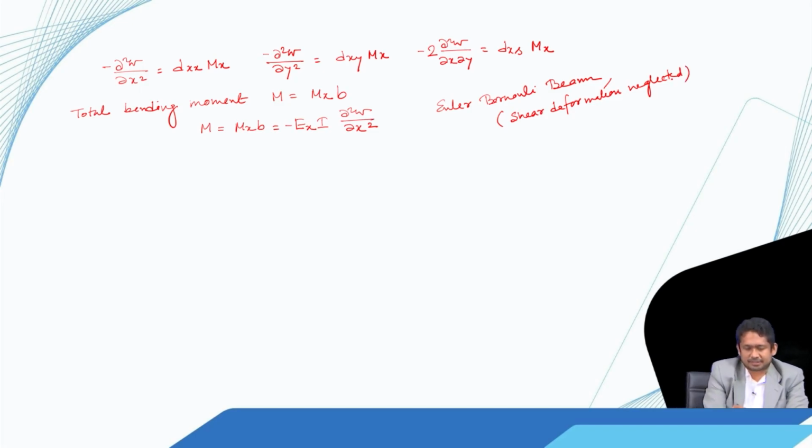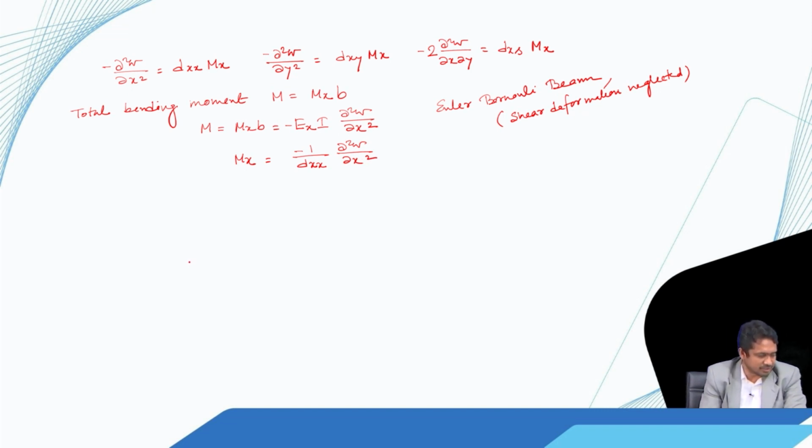And from this equation we have got Mx is equal to minus 1 by dxx del 2 w by del x 2.